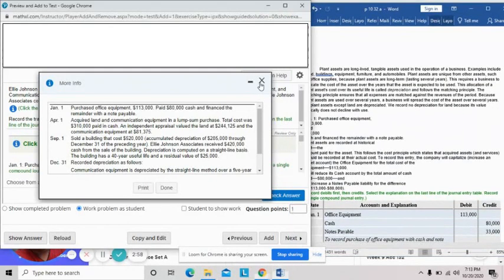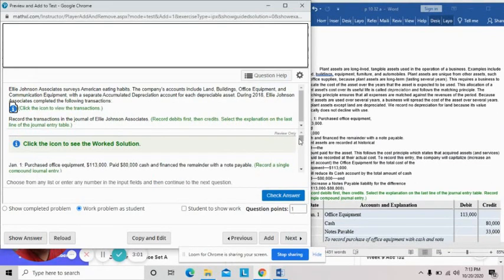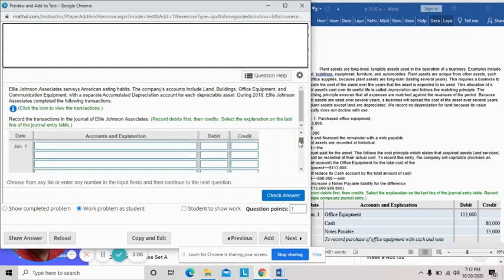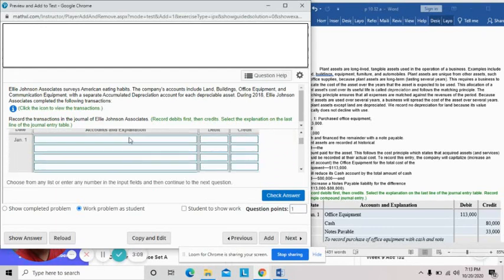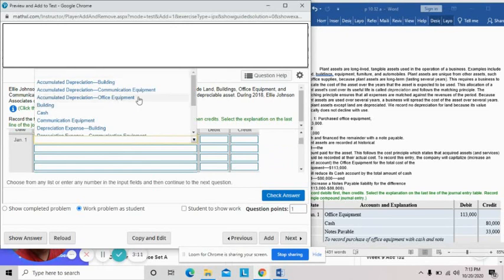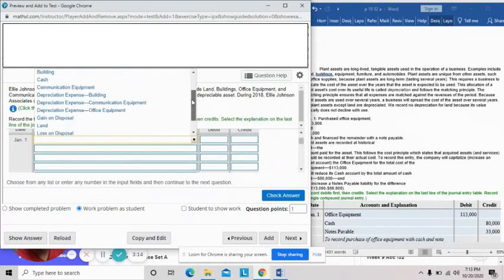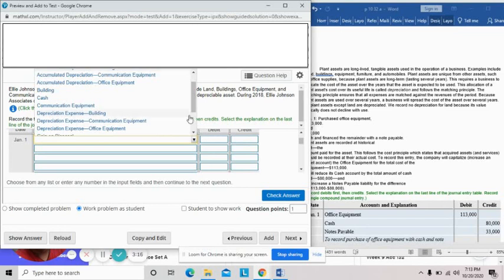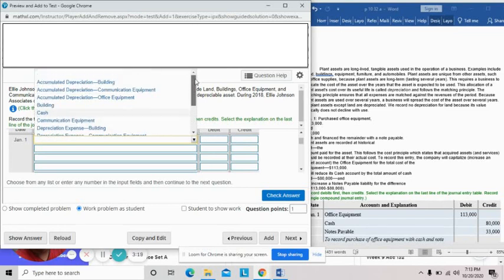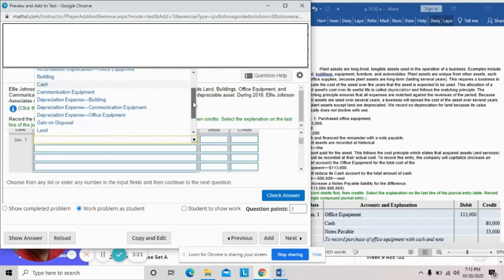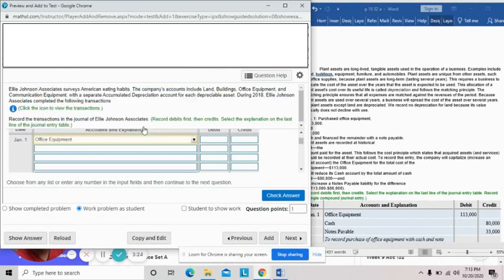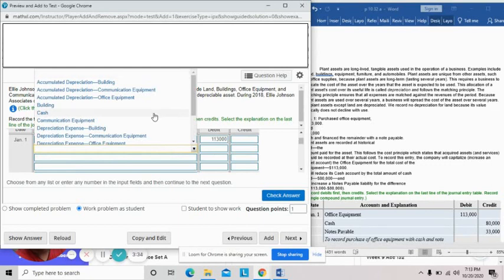The resulting journal entry will have a $33,000 amount for notes payable. So if you go here, it'll be a debit in office equipment of $113,000. It'll be a credit in cash, we're paying in cash.